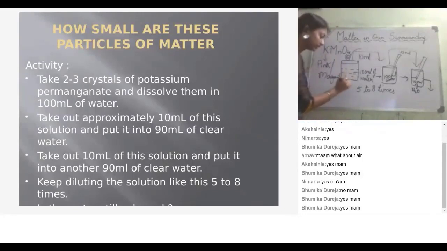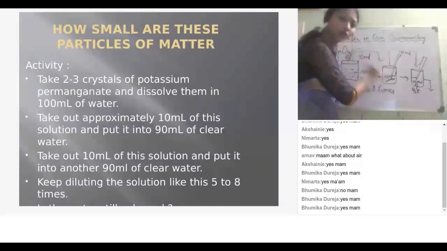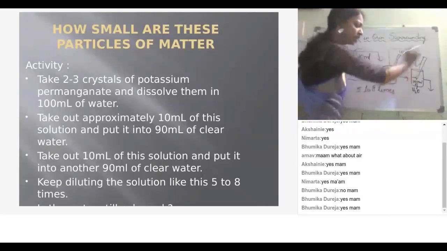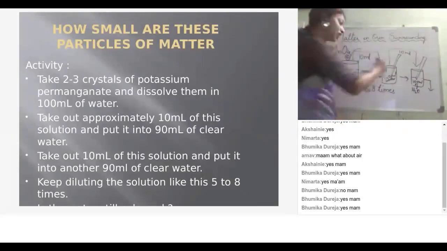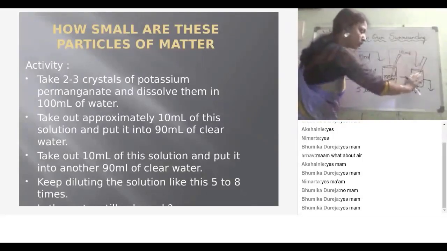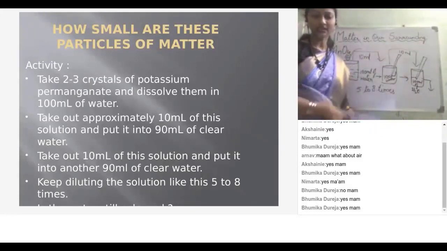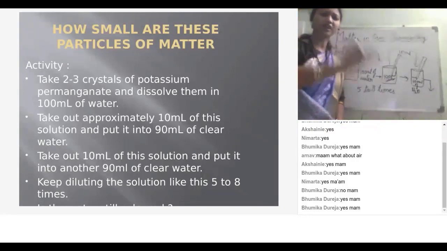Understood? This is 100 ml of solution, and from this only 10 ml was taken into 100 ml of water, so the color fades a bit compared to this. Gradually the color fades. Though we have taken a very minute amount of the solution, we can see that the particles are present in it, till the 8th beaker, with gradual fading of the solution.